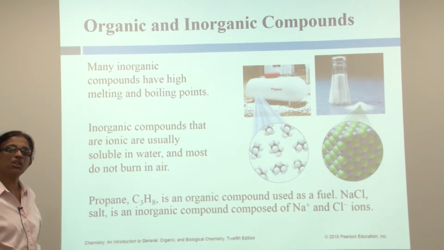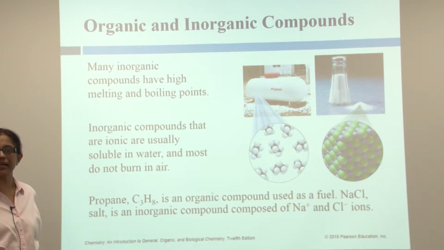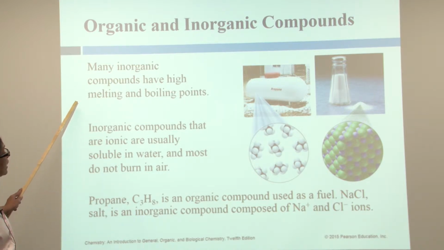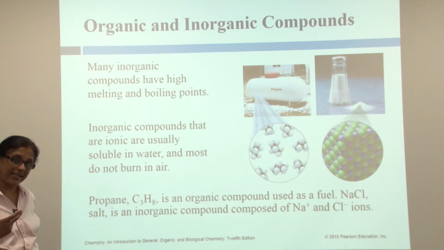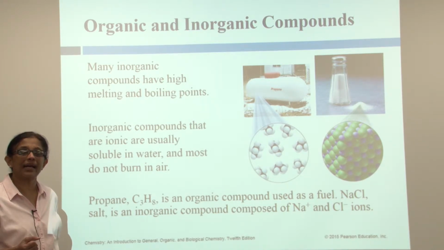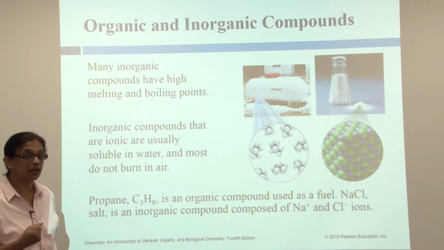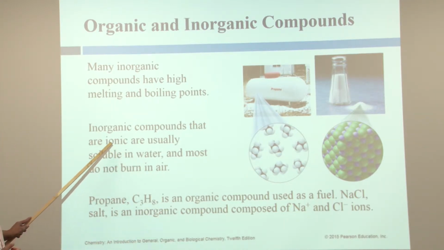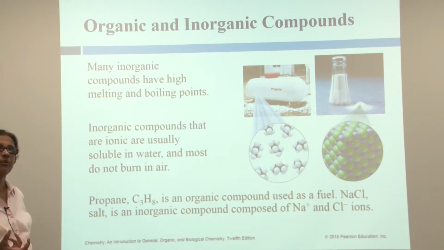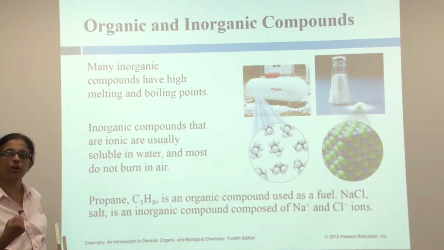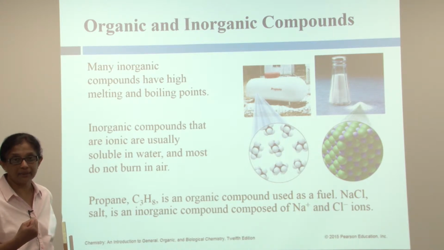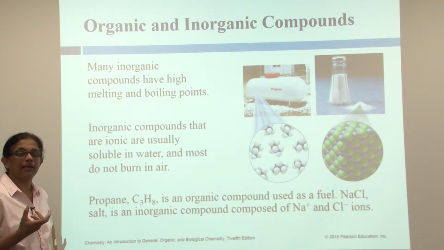Now we also said initially that we are going to look at inorganic compounds. What are inorganic compounds? Inorganic compounds are also compounds made up of two or more atoms, but the atoms are coming together through ionic bonds. So what is an ionic bond?